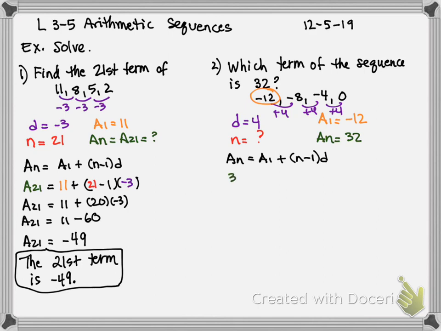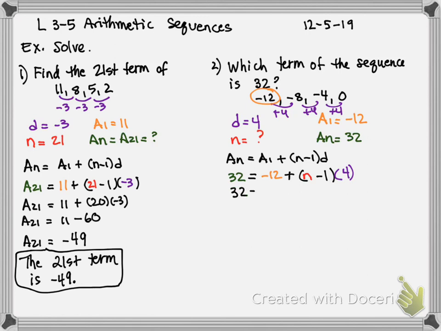So I get 32 is equal to negative 12 plus the difference, n minus 1, and the n value is what we don't know, so we're going to leave it as n, and then times the d value, which we said was 4.